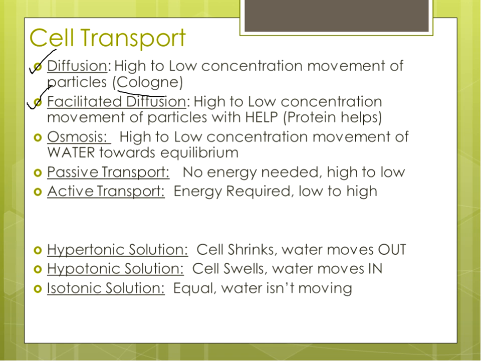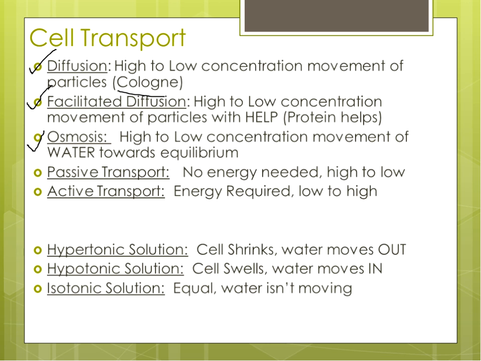Facilitated diffusion is where it goes from high to low concentration with help. We'll talk about that in a second, but the only thing that helps it are proteins. Osmosis is another form of cell transport. That's where it goes from high to low concentration with the water moving towards the equilibrium.